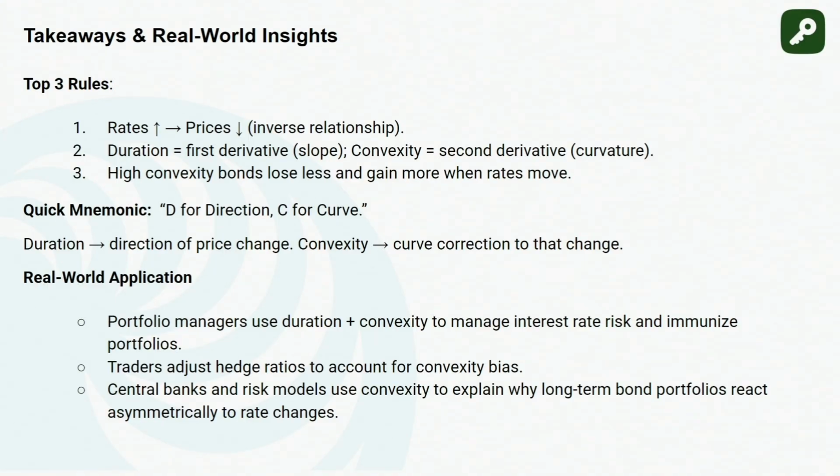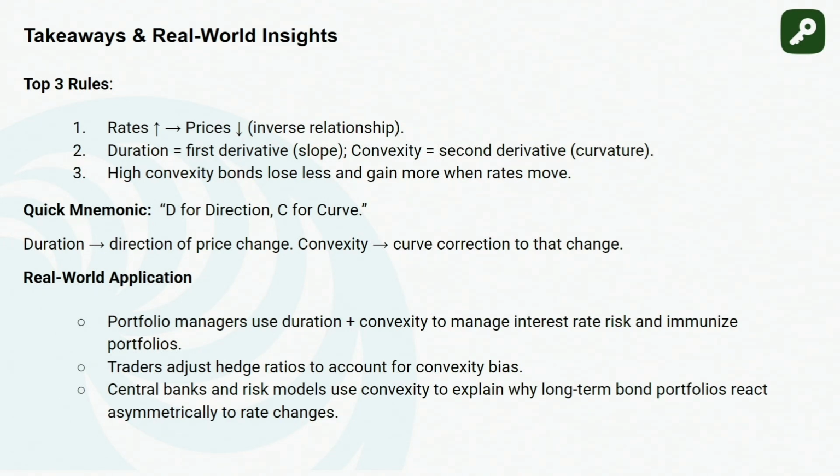From a real-world application standpoint, portfolio managers use both duration and convexity to estimate bond price moves for changes in not only parallel shifts in the yield curve, but shifts at various key rates along the curve. It allows bond managers to factor in embedded options when estimating the risk profile for the bonds that they hold.